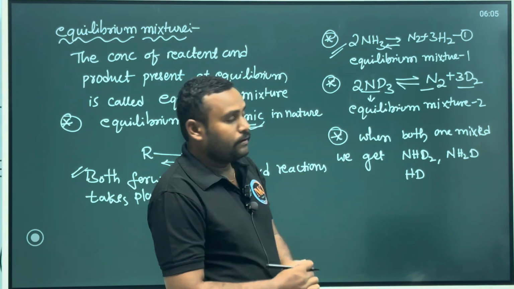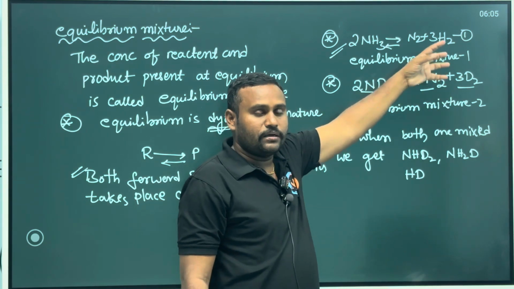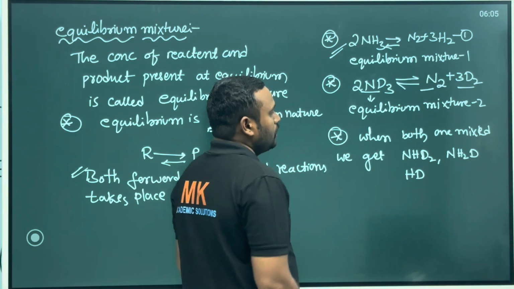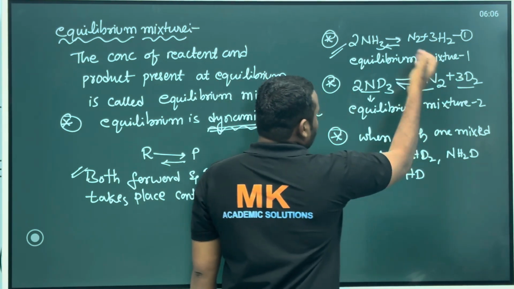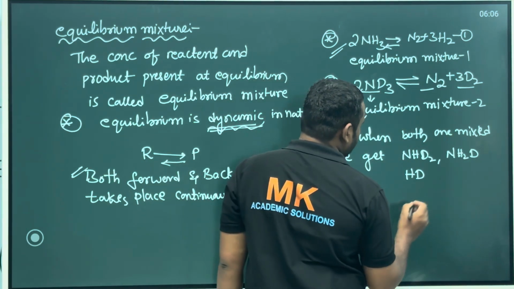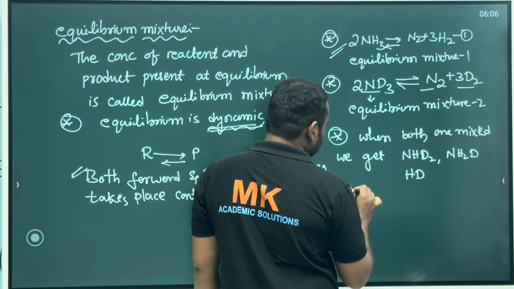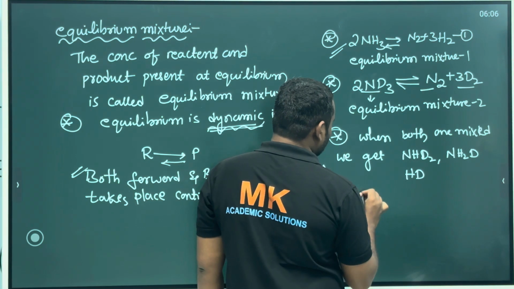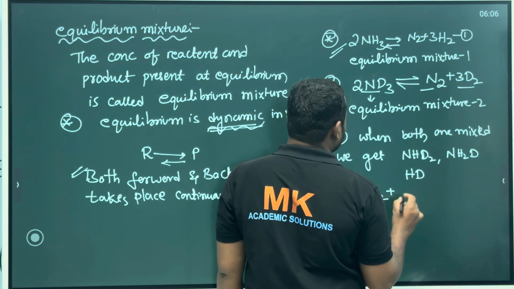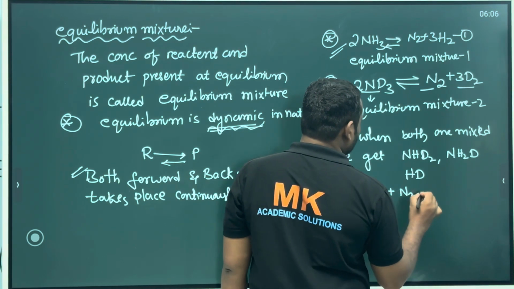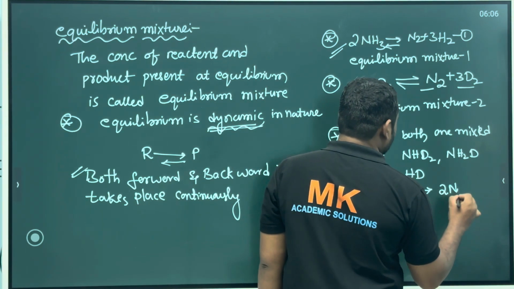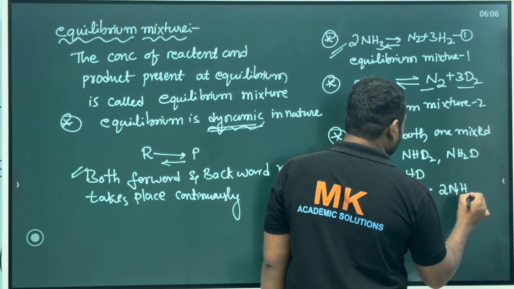So here I already told you, they are what? Dynamic, means both forward and backward reactions are going to take place. So whenever you mix both equilibrium mixtures, how may a backward reaction also take place? Here, 2H2 plus D2 and plus N2, they may combine, they produce what? 2NH2D.